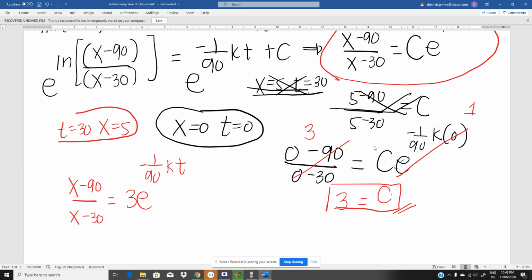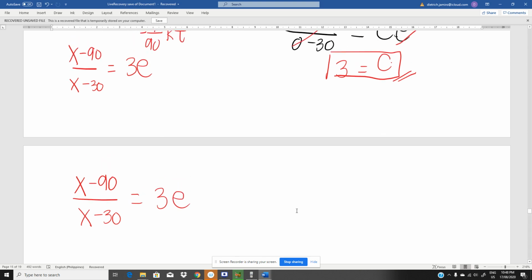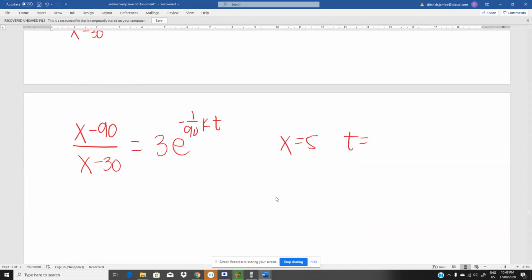So we will substitute this to get our equation. And then when x is 5, t is 30.